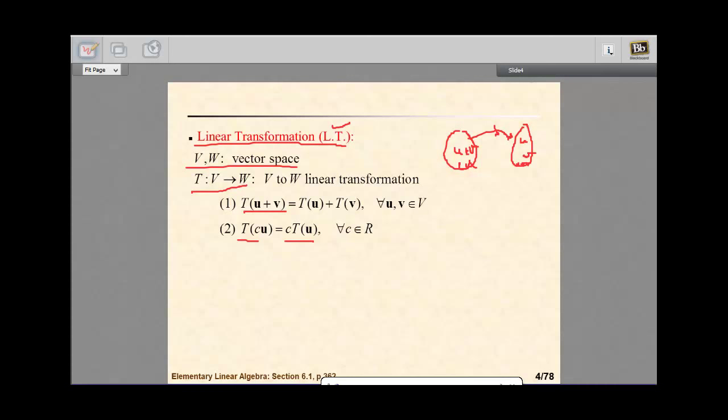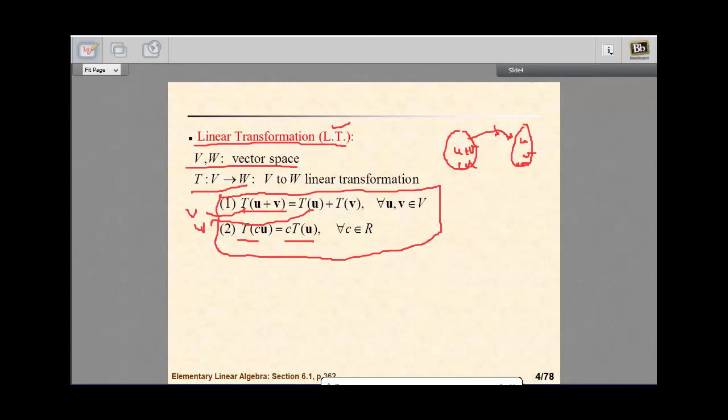So u and v are in V, and the transformation values are in W. These are the two properties. If these two properties hold, then we say that it is a linear transformation.